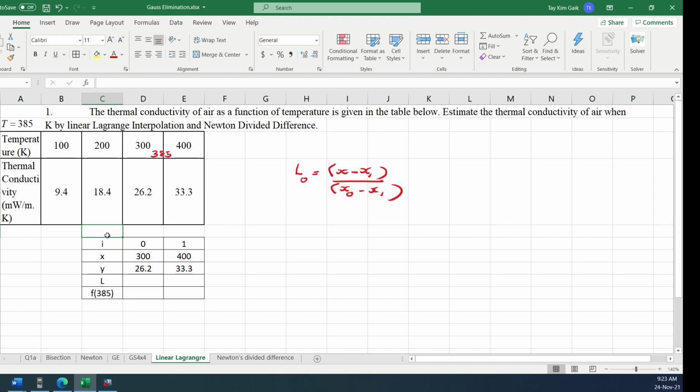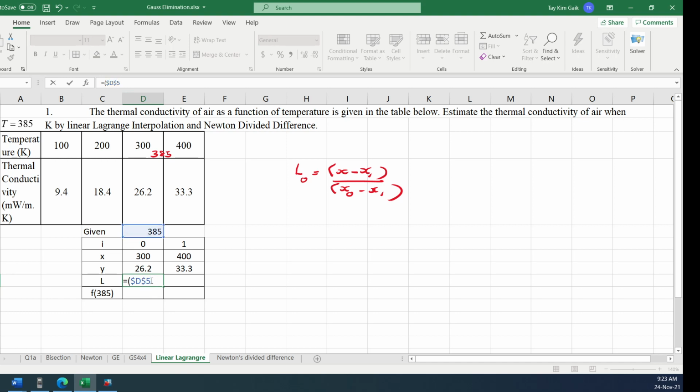If x is confusing, given this one is 385, I refer to this cell and make it constant, so that I can make a template. Next time if I want to find 185, I just change this cell only.